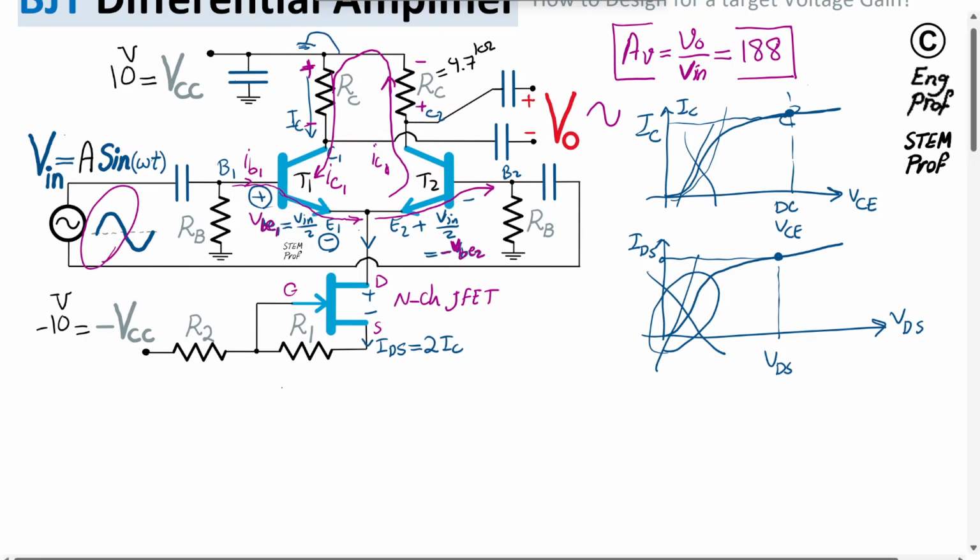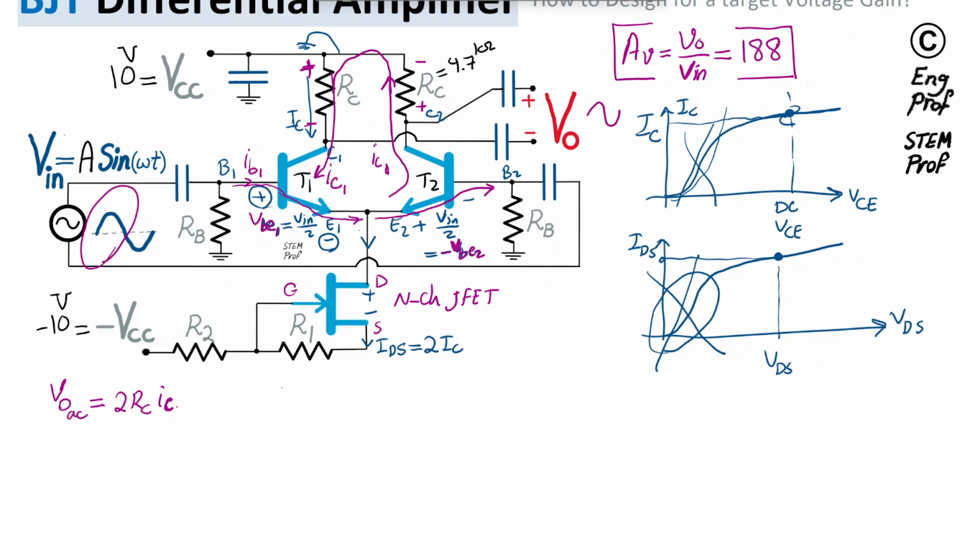So what I can say as a result is Vout, which is an AC signal, of course. So Vout is equal to 2 times RC times IC1, which I refer to as just IC. So 2 times RC-IC, meaning that AC current, is the contribution of VBE, Vin over 2, for a given transistor.